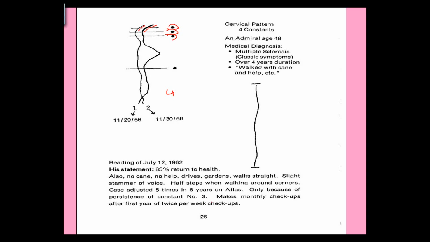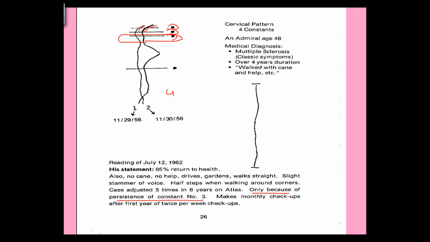It says here he makes monthly checkups for the first year, after the first year twice per week. From 1962, he had 85% return to health, no cane, no help, drives, gardens, slight stammer in voice. Because he has had a persistent constant at number 3, which is right here, this is the 3rd constant, he has made monthly checkups to make sure that the pattern constant was not returning.